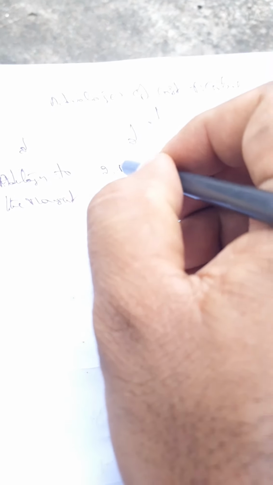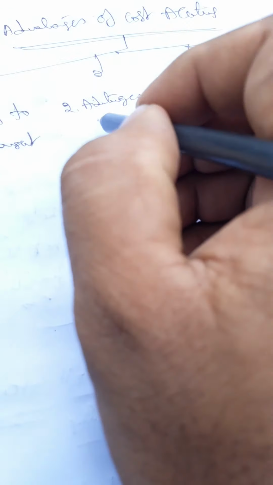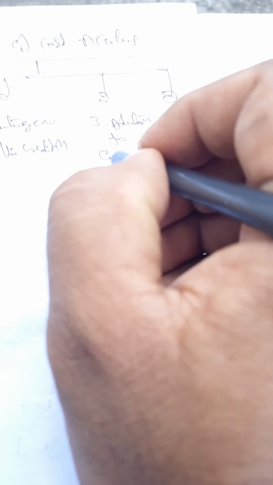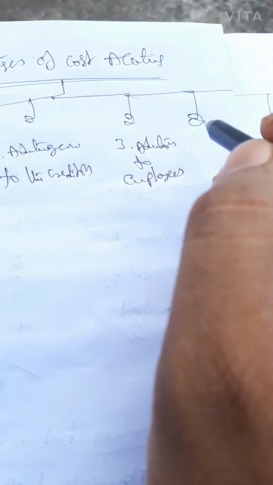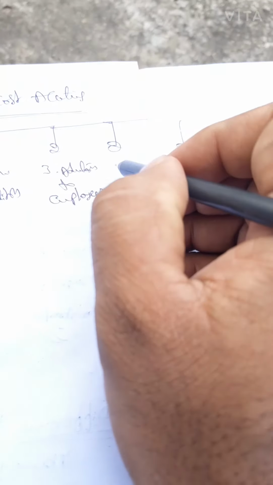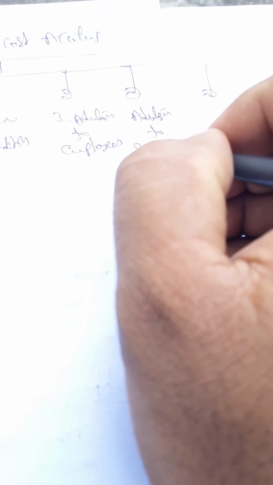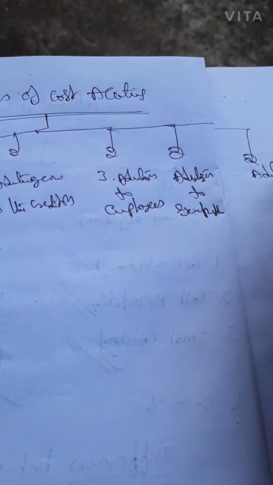Next, secondly, it is advantageous to the creditors, and thirdly it is advantageous to the employees, and it is advantageous to the general public, and finally advantageous to the government.